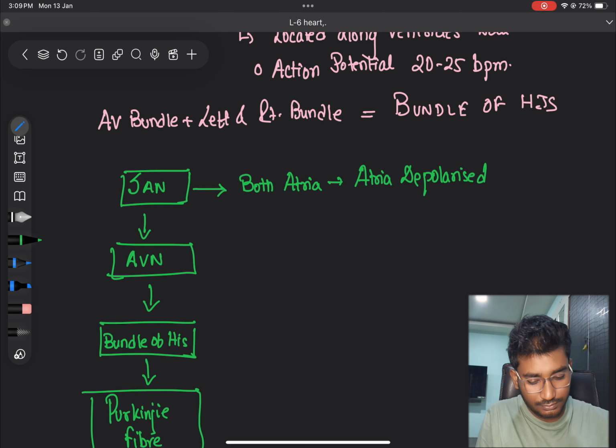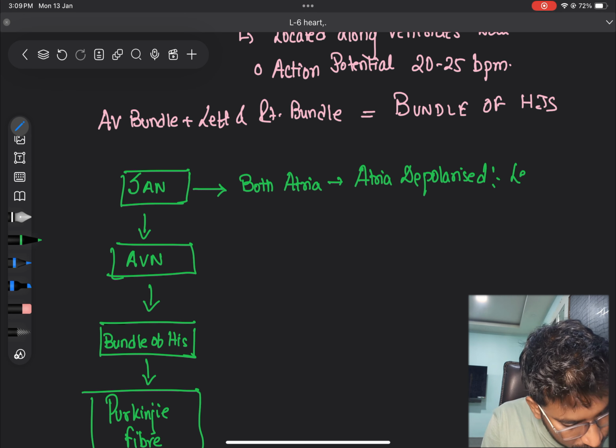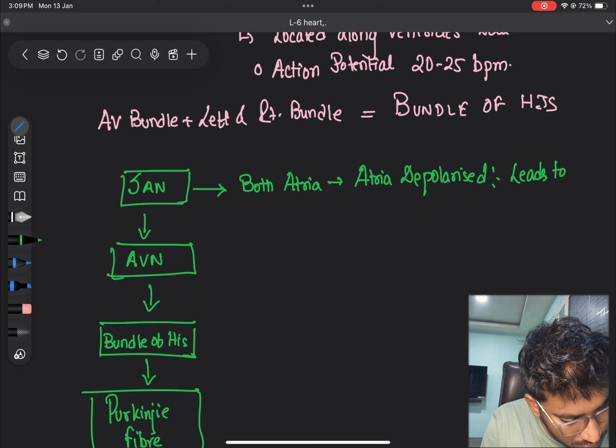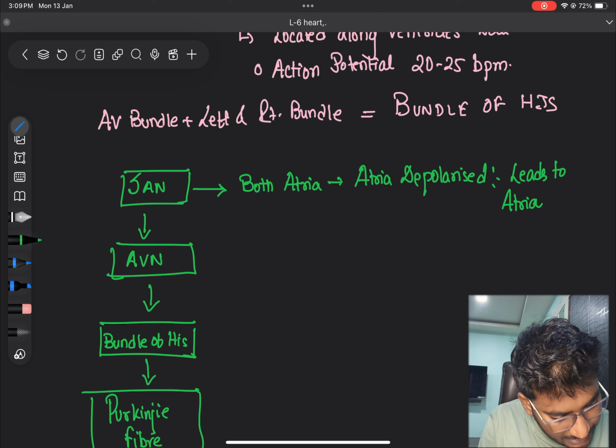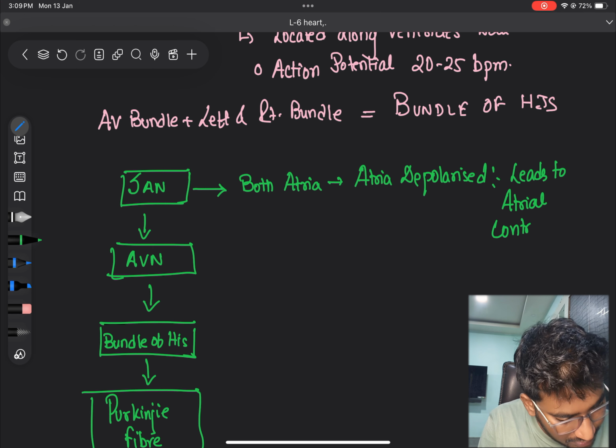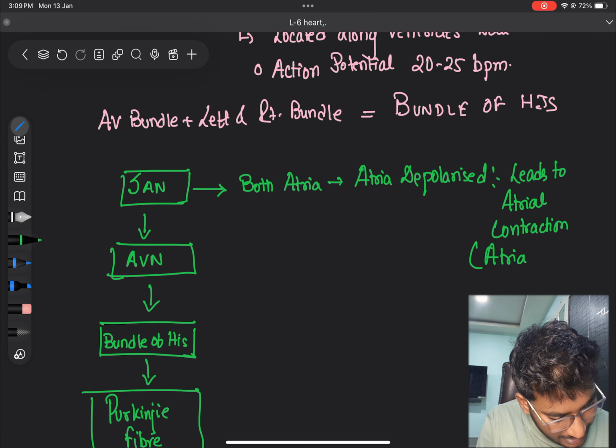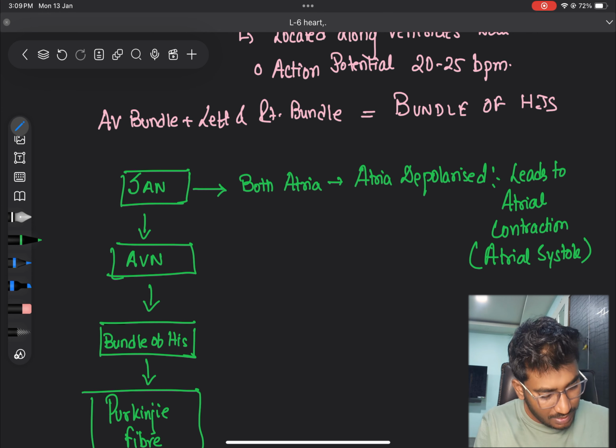Atria depolarized. Now this leads to atrial contraction, that is the atrial systole. What happens next?